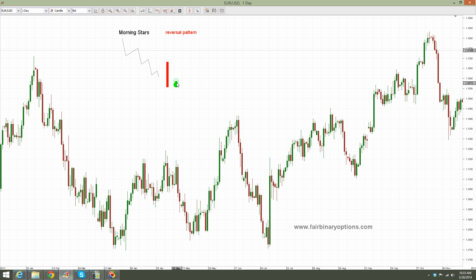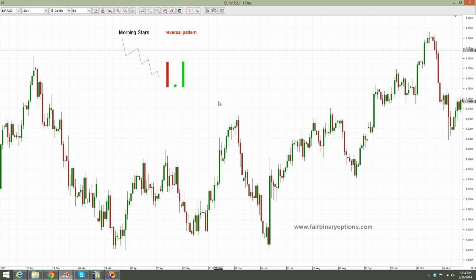So a small candle like this, and then the third candle to follow needs to be a green one, the opposite of the first one, like this. And this pattern is called a morning star. Maybe I didn't represent it on the graphic that well, but we'll do some examples. So this is a morning star, a reversal pattern. This is a bullish outcome.